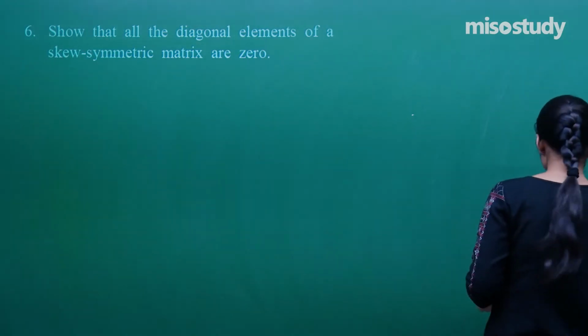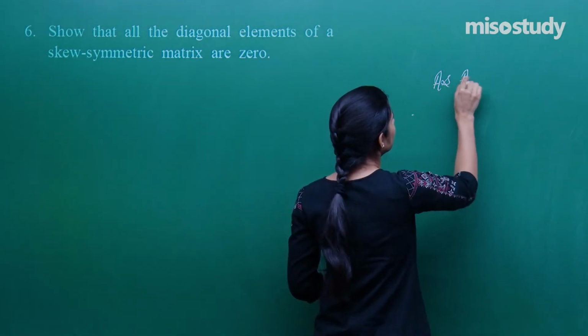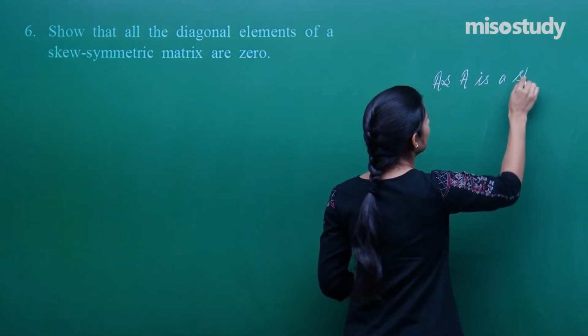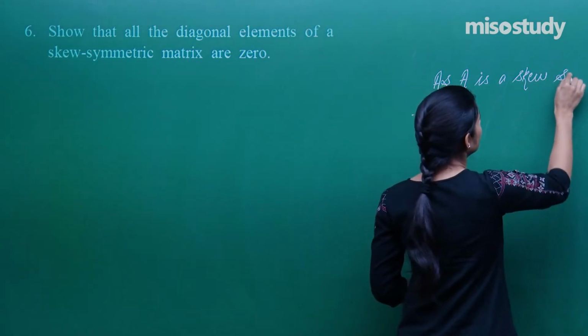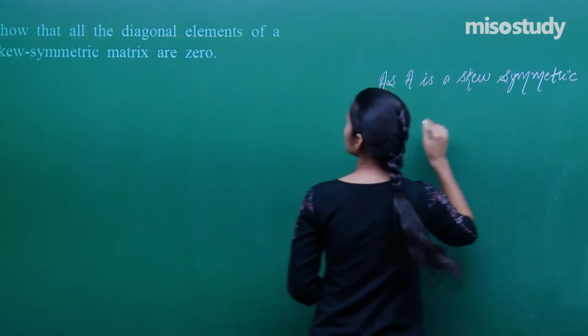Now, again A is given to be a skew symmetric matrix. Let us write down as A is a skew symmetric matrix.